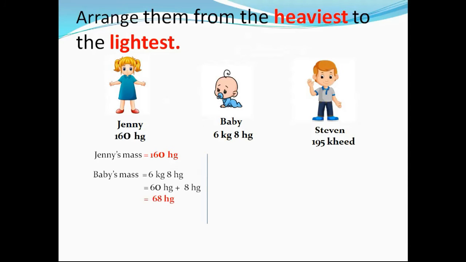Okay, Jenny has 160 kg. Baby's mass has 6 hectograms and 8 kg. So let's convert 6 hectograms into kg. 6 hectograms times 10 kg equals 60 kg plus 8 kg, and the baby's mass is 68 kg. Stephen's mass has 195 kg.